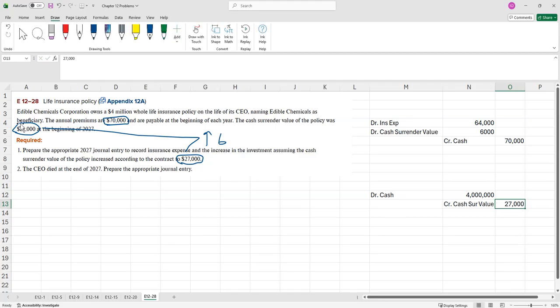27,000, namely the 21 to begin with plus the 6 we increased it. And then the difference between those is going to be the gain on the sale, or essentially the gain from the policy.